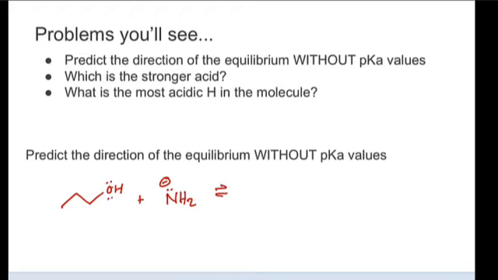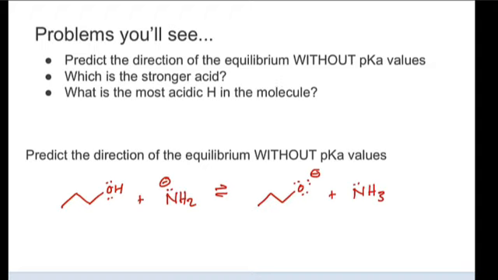And so, if I were to give you an acid-base equilibrium reaction like this, without looking up pKa values, and I mean you can look them up if you want, but telling me the pKa value will be insufficient for answering this type of question, because I'm not looking for pKa values so much as I am an explanation about the structures or properties of the compounds involved that allows you to somehow determine which direction the equilibrium would be.